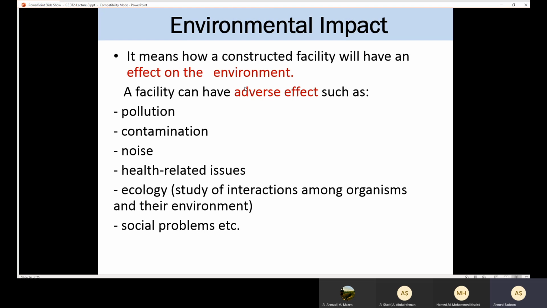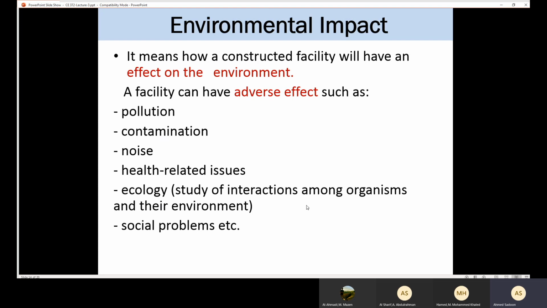Also, we have solutions that are going to make a lot of noise for us, like airplanes and cars. And sometimes we come up with solutions with health related issues. We have many projects or products with health related issues. And sometimes we have a solution with an ecology problem.